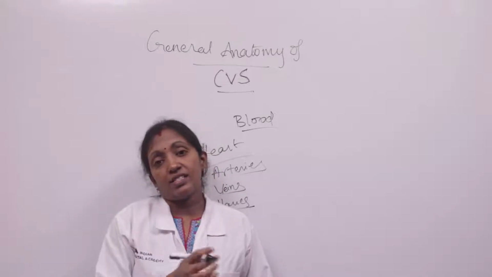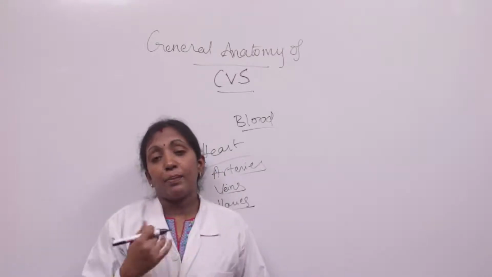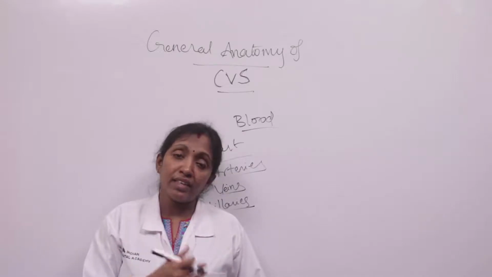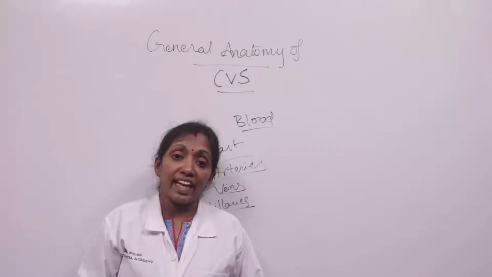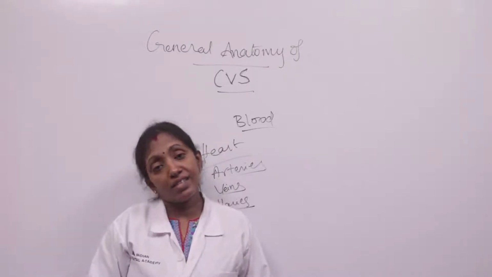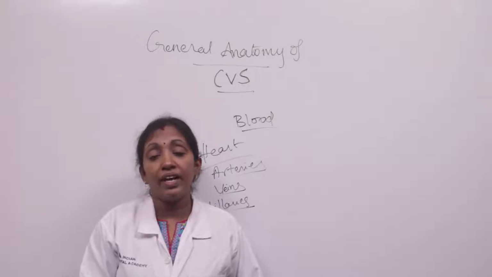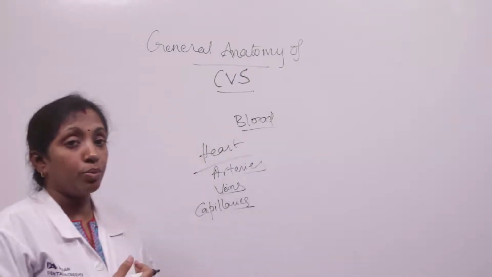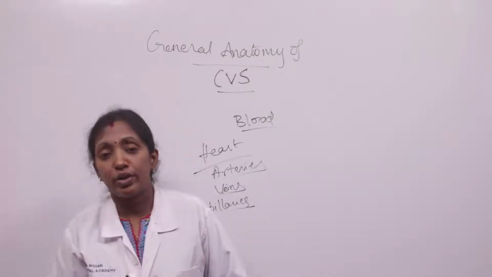So the CVS is the transport system of the body which supplies the nutrients to different parts of the body and takes out the waste products to the places where they get excreted. The heart is the main organ, consisting of 4 chambers, 2 atria and 2 ventricles. The arteries are tubular channels that distribute the oxygenated blood from the heart to different parts of the body.